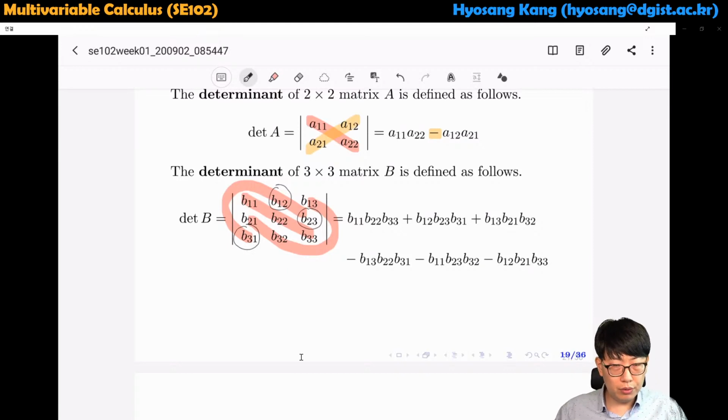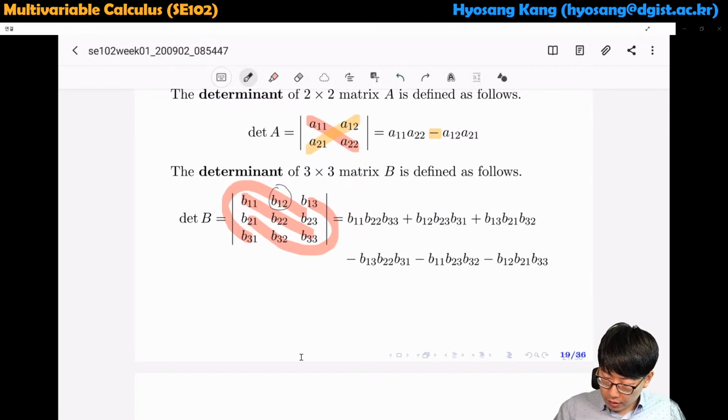The reason we do this instead of taking b13 is that I want to pick entries of my matrix B in different rows and different columns.